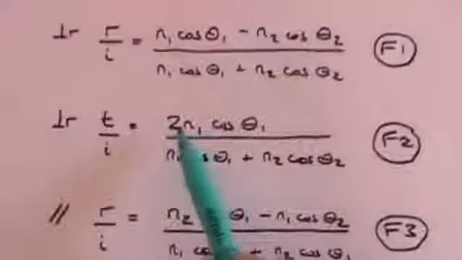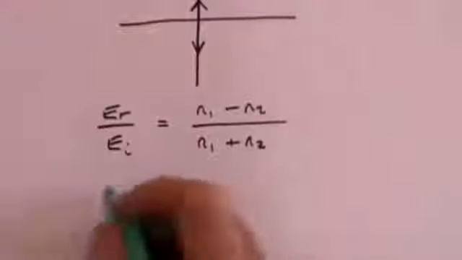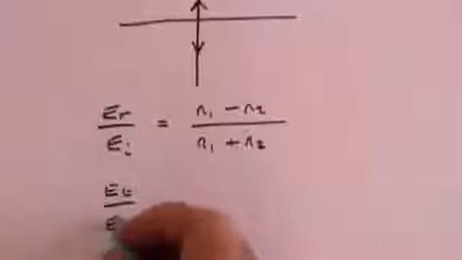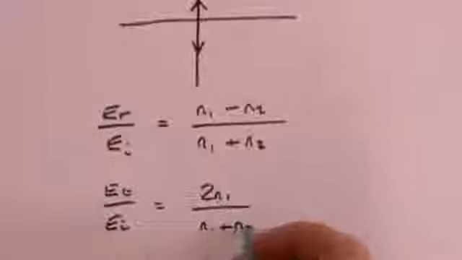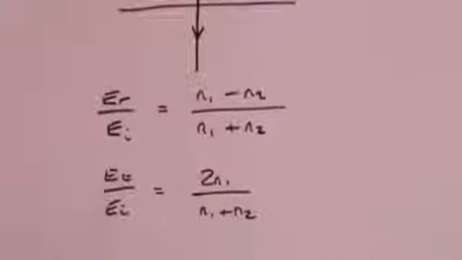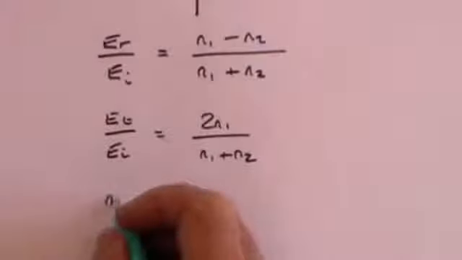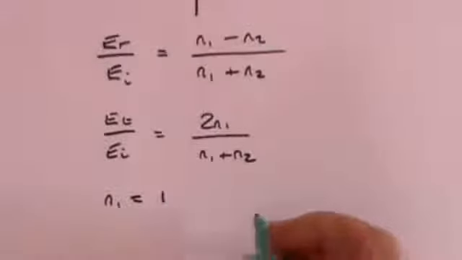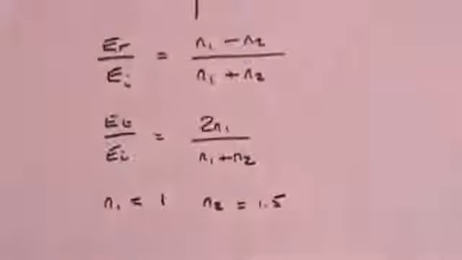Well, that's going to be 2n1, because this is 1, divided by n1 plus n2. So ET divided by EI is going to be 2n1 divided by n1 plus n2. Now let's consider we're going from air to glass. N1, which is for air, well that's 1, and N2 for glass is 1.5.